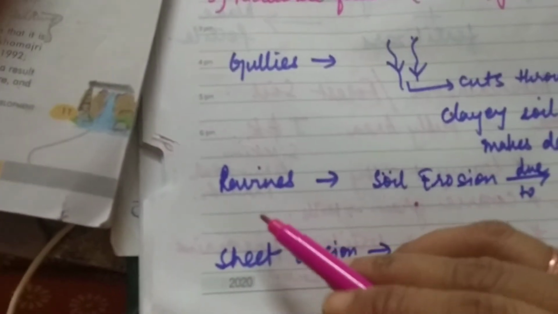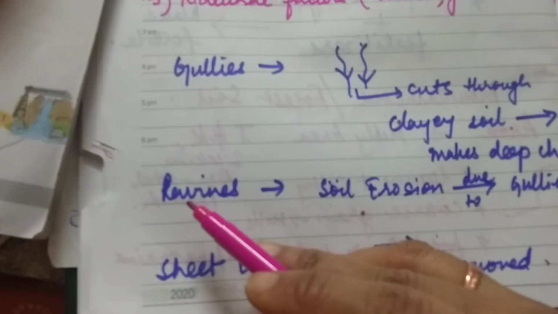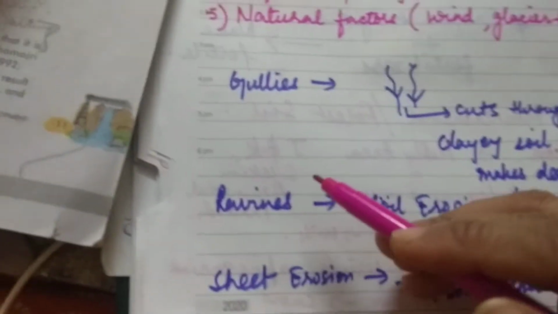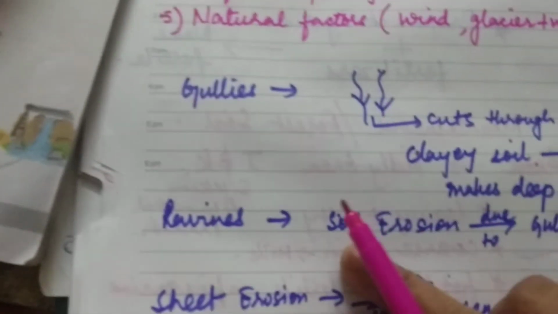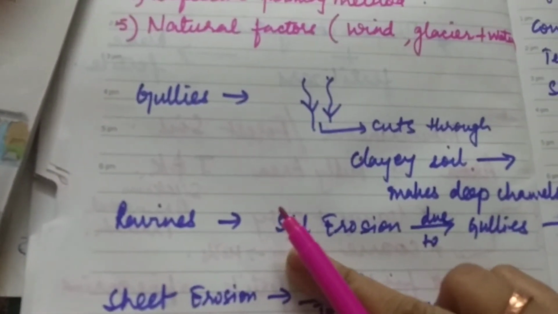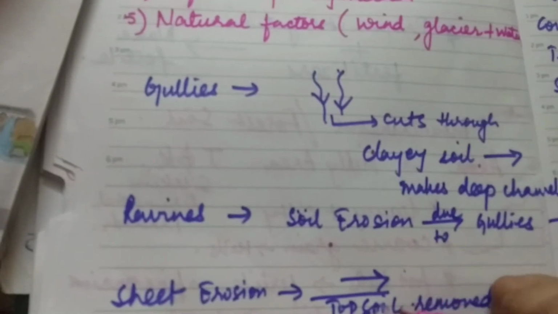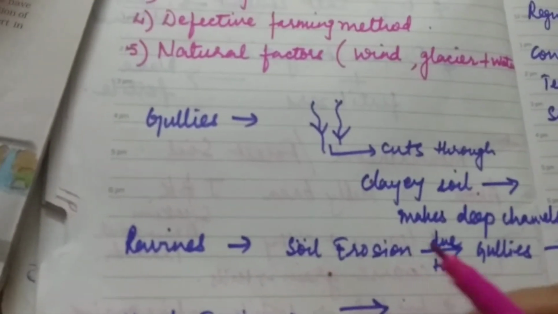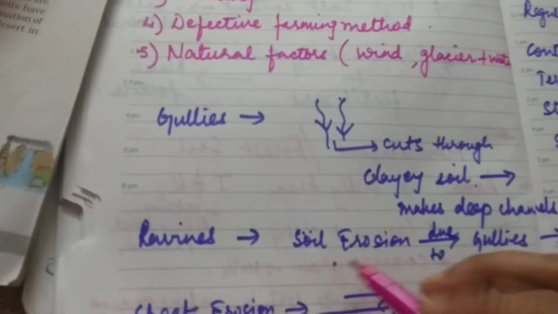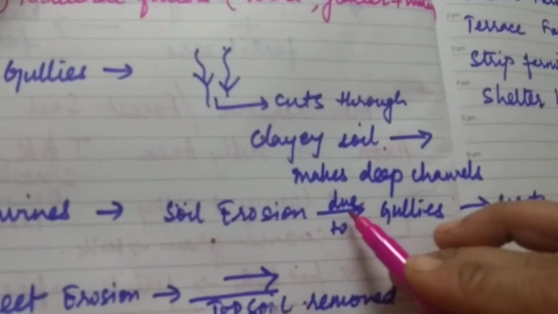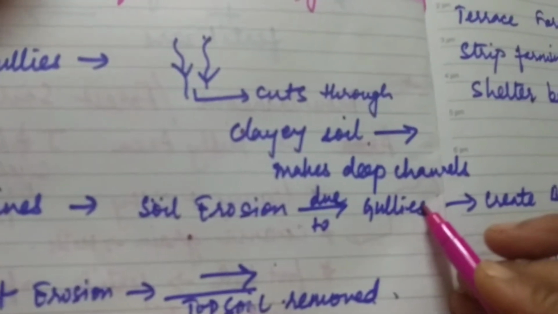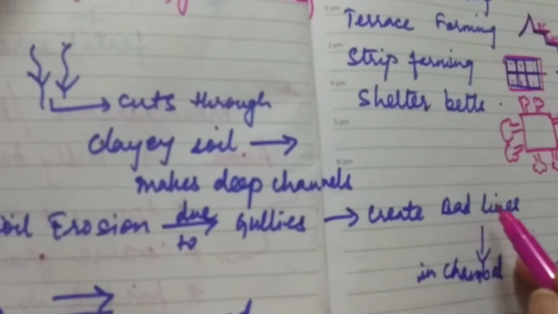Okay, another term that you should know is ravines. What is a ravine? A ravine is also a gully, specially found in the area of Madhya Pradesh, especially the Chambal region. Soil erosion takes place due to the gullies, and they create bad lines.